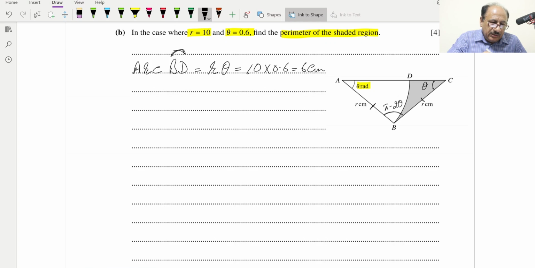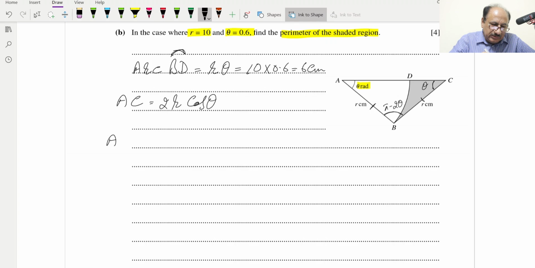Now AC is equal to 2r cos theta. So AC length will be equal to 2r cos of this theta.